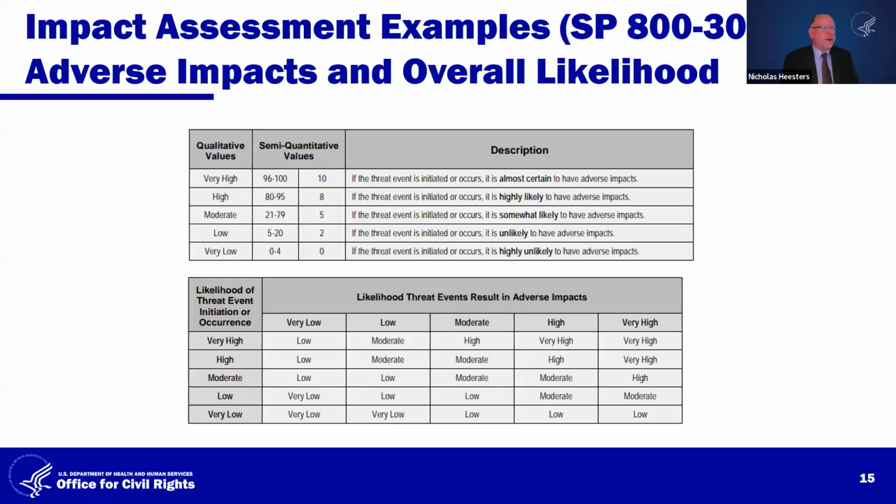In the first chart, we have what it looks like if there is going to be an adverse impact, from almost certain to happen to highly unlikely to happen, and then a combination table of these likelihoods of occurrences and impacts. On the bottom chart, the first column is the likelihood that the threat is going to occur, and going across the top columns is the likelihood that if those threats did occur, that result would be an adverse impact.